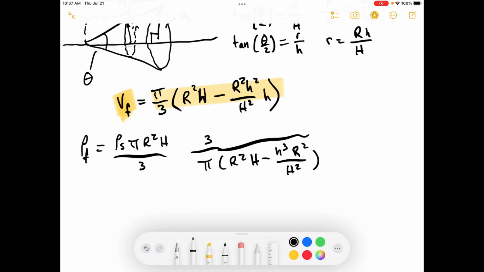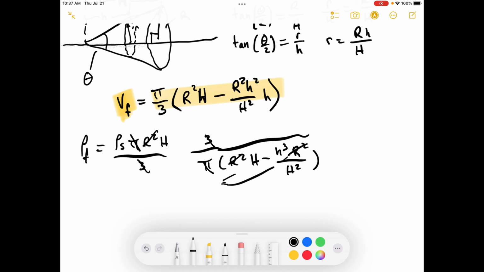Okay, now we can simplify this expression quite a bit. The pi and 3 cancel each other. We can pull an R squared out of both of those terms, and we can cancel out the R squareds.